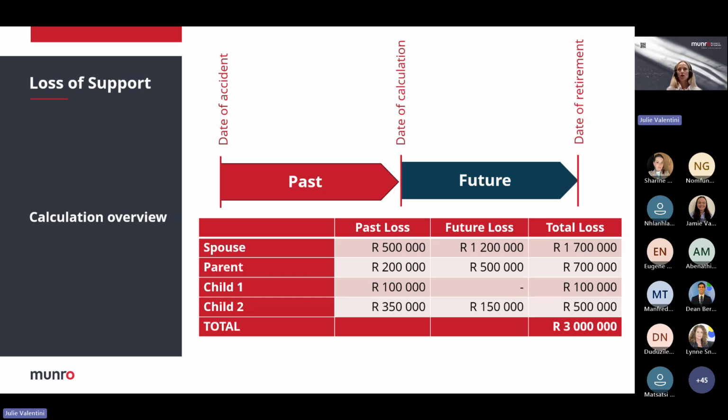And I've just given an example of a table. It's generally easier because we're just adding up the past loss and then the future loss, obviously allowing for time value of money and the probability of survival, but there's no uninjured and injured to deduct from each other. We just show the past loss and the future loss, and the sum of those two gives you the total loss for each dependent.